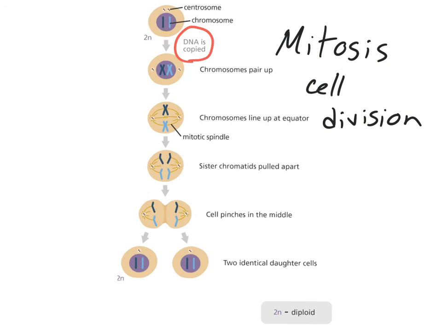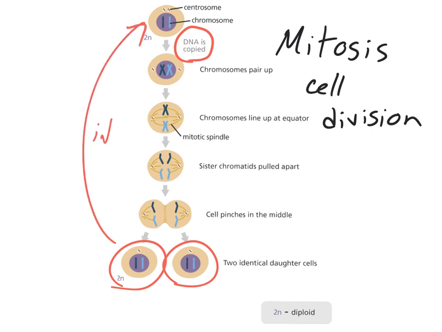That's probably the most important step of cell division, is that the DNA is copied, and then you end up with 2 identical copies to what we started with. Okay? And they're called daughter cells.